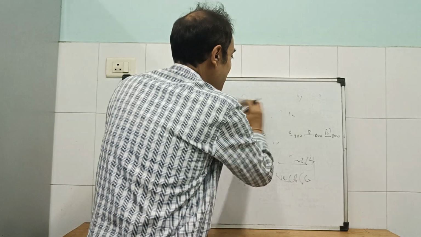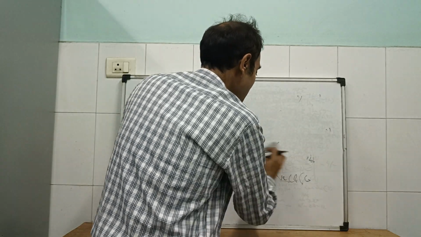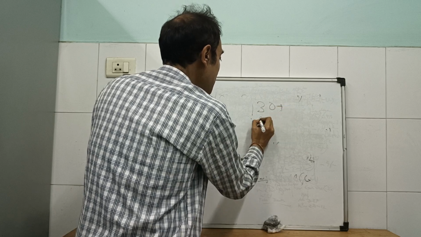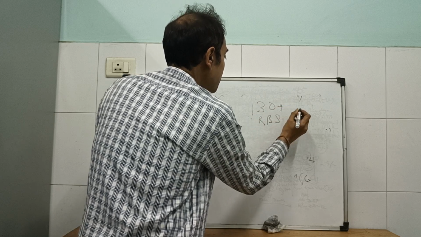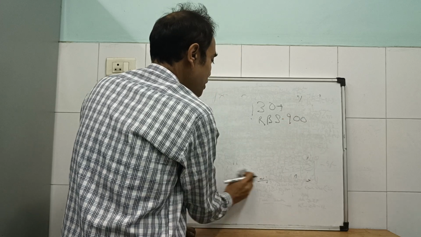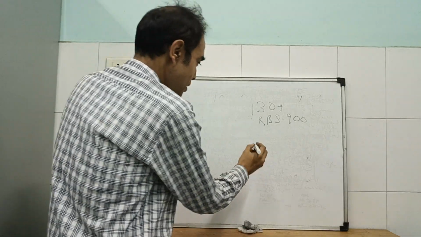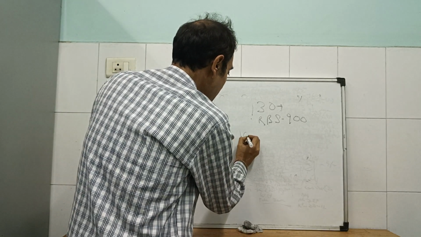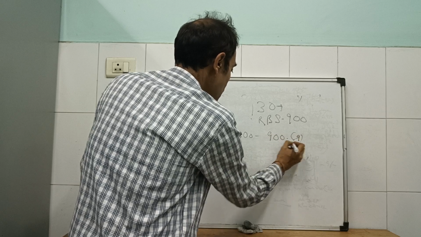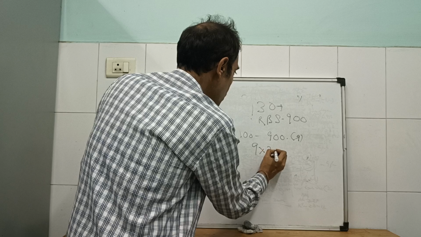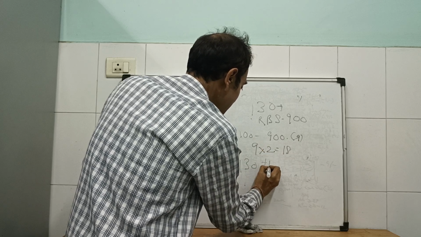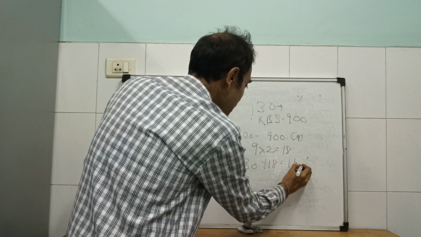Suppose this patient had a sodium of 130 and RBS is around 900. Now watch. This has increased from 100 to 900. That means 9 times it is increased. So 9 into 2 is 18. So 130 plus 18 is equal to 148.